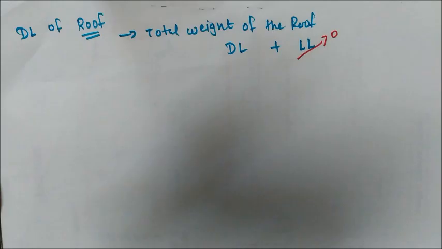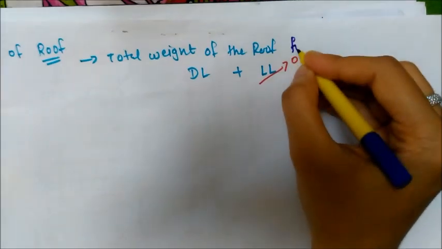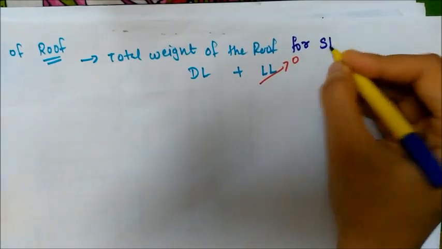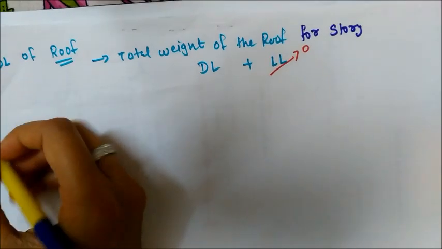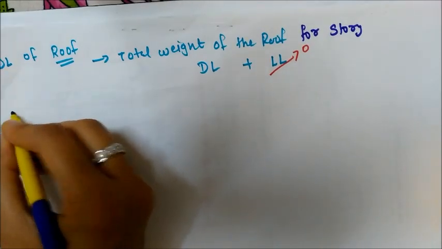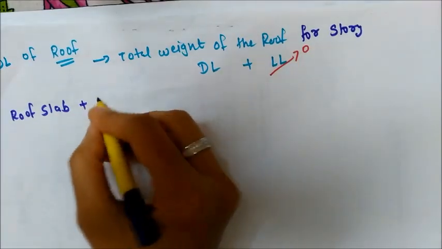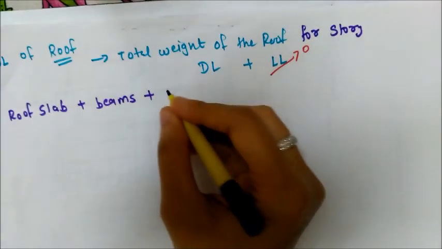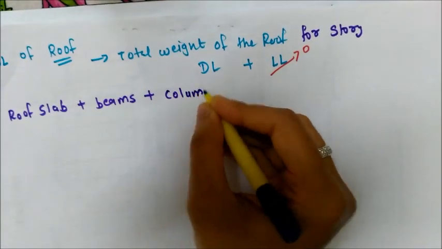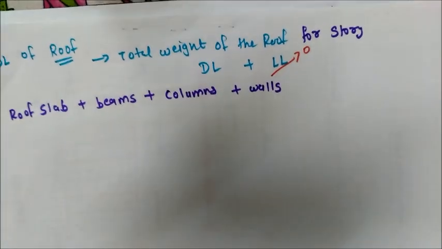So for the dead load of the roof for a particular story, we have to add all the self weight of the roof slab plus beams plus columns and plus walls.